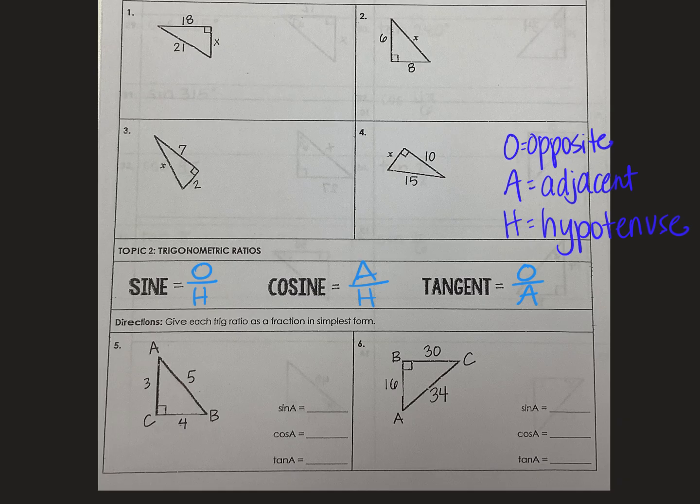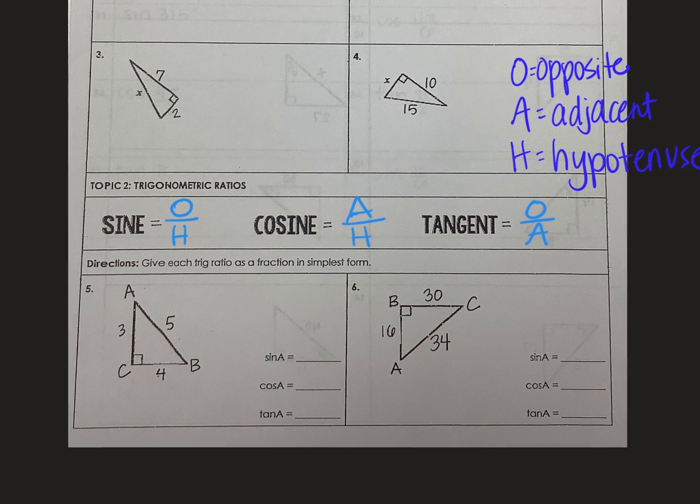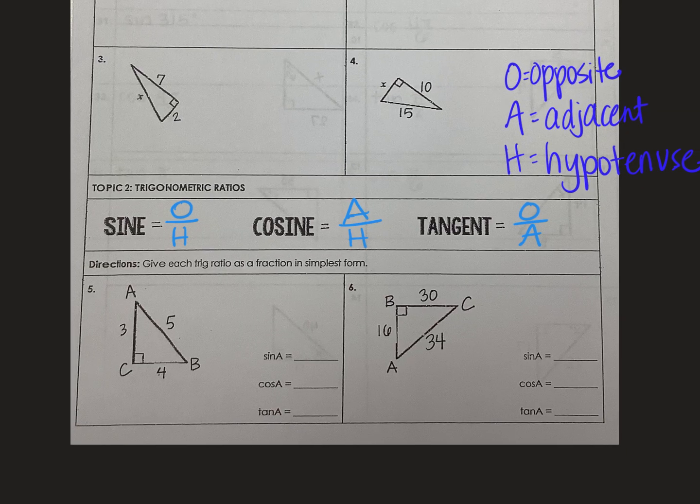Okay, so now what we're going to do is look at the triangles and label the sides based on an angle. What I mean by that is, let's look at number 6. It says, give each trig ratio as a fraction in simplest form.